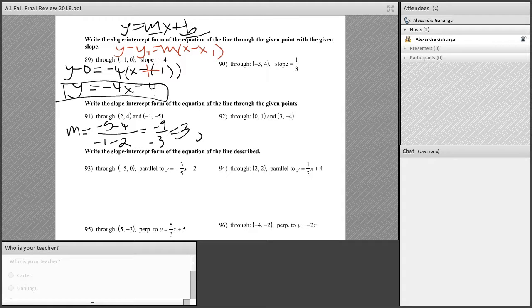So then it's y minus 4, and our slope is now 3, and then x minus 2. Now, we're still trying to go to slope-intercept form, which is y equals mx plus b. And we've got our y that I'm going to rewrite here because it's been through too much.